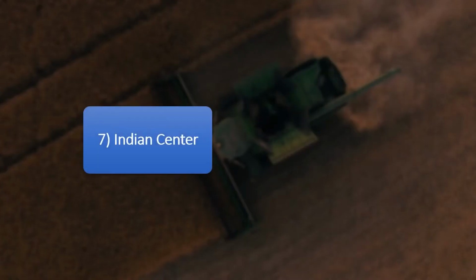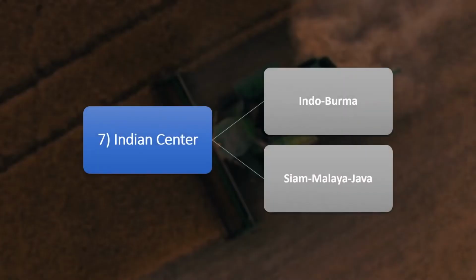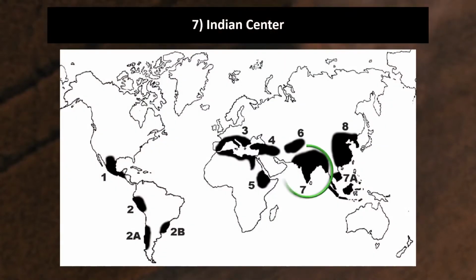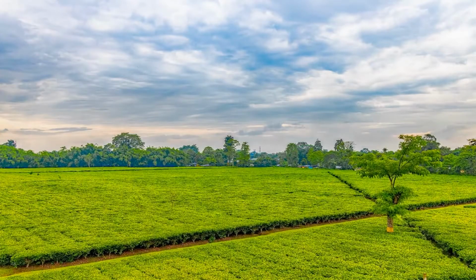Then if you look into the Indian center, we have two sub-centers. One is the Indo-Burma. That main center is Hindustan. It includes Assam and Burma, but not northwest India or the Northwest Frontier Province. So far from that Assam and Burma region, the Indo-Burma region, we have identified 117 plants from this center of origin.